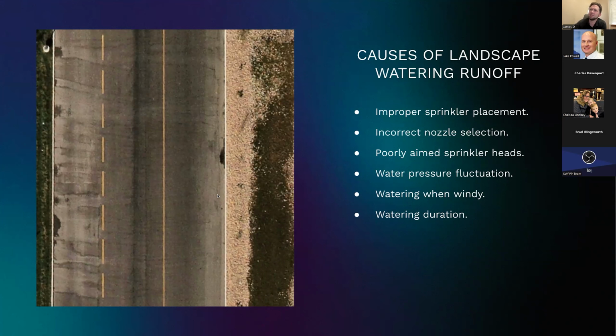And then in this image on the left, you can see where it's been overwatered, the grass, and it's come over the curb across this asphalt, and then it's going over the next curb into a basin. And now there's kind of a buildup of, I'm guessing, sediment and grass clippings, and that's probably not going to be fun to clean out when their system does not work efficiently anymore.